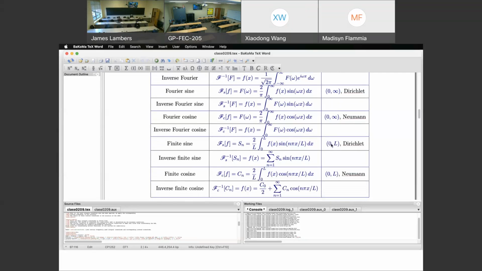Now the last two are on a bounded interval, x going from 0 to L. And really what's happening is, this is exactly what we obtained from separation of variables. So it really is equivalent. It just generalizes, because in a lot of our examples we were on a domain x going from 0 to 1. So you would have your solution expressed as a Fourier sine series, coefficient times sine n pi x.